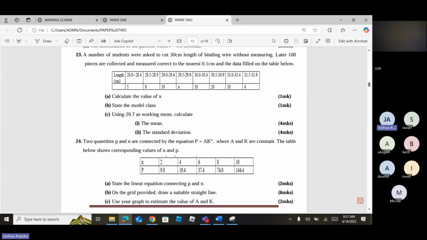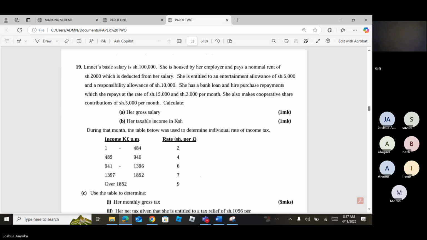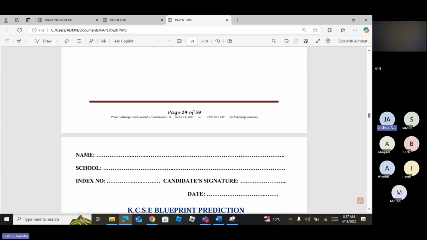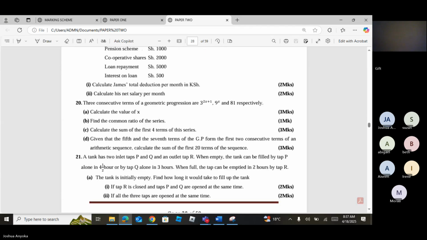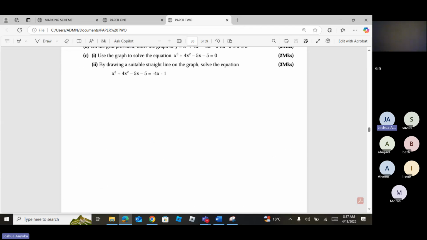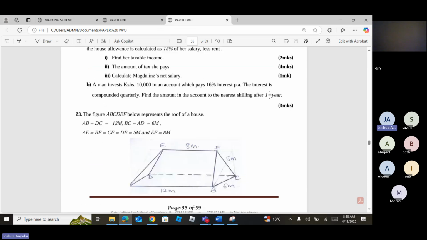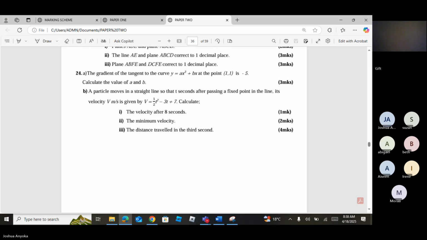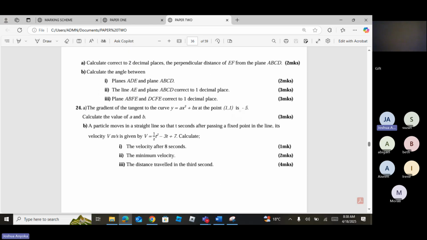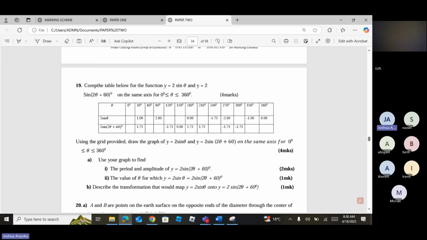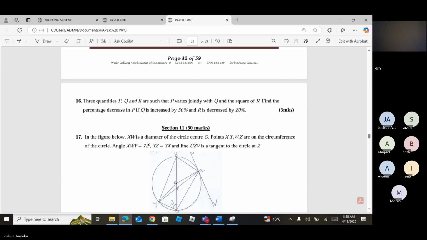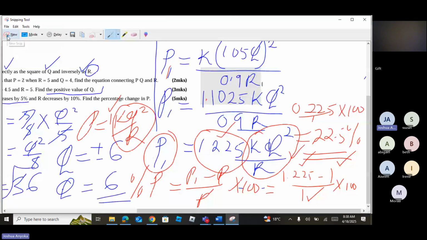Trial 6 paper 2. This one no. Maybe the 16. Yes, question 16. I want to give you 2 minutes. You attempt question 16.